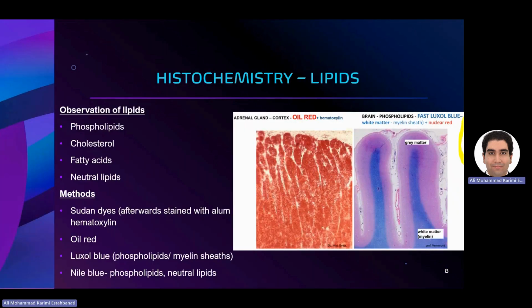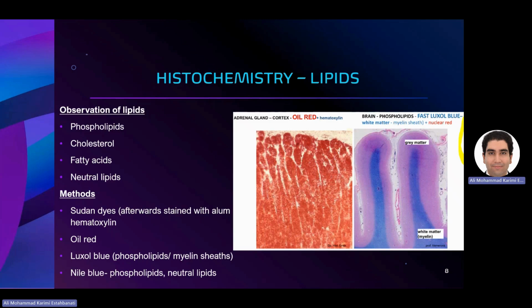Now, for histochemistry of lipids, I already talked about a bit of it in the first or second slide, but I want to dive into it a bit more. You will observe lipids as either fatty acids, cholesterol, neutral lipids, or most importantly, phospholipids.